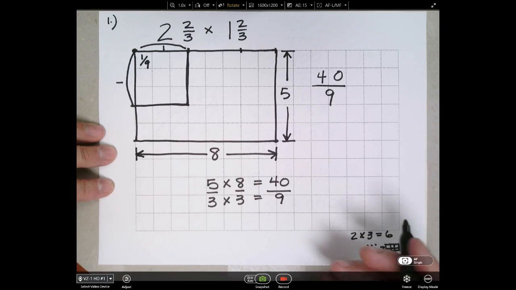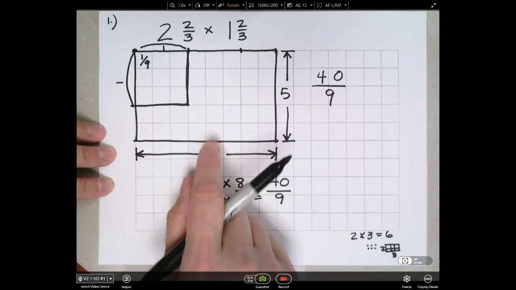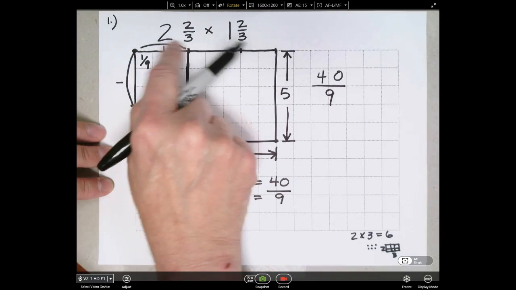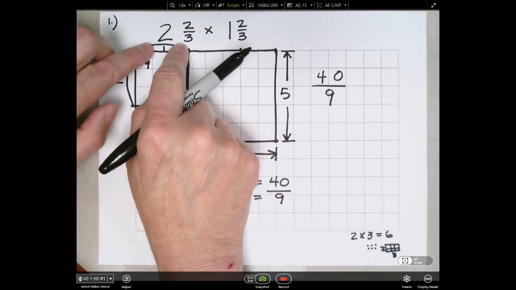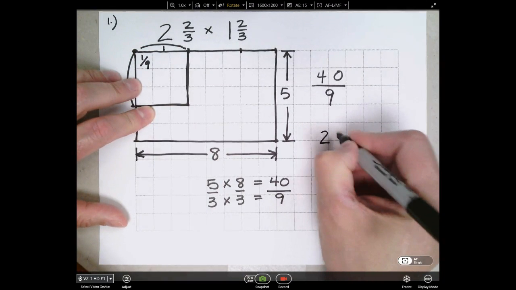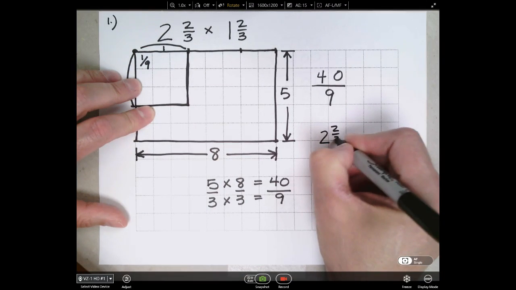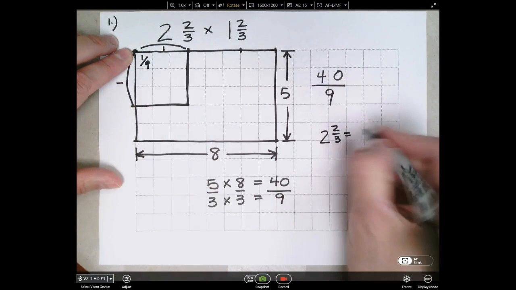Okay, well, one strategy that we can use to solve a multiplication of mixed numbers is to convert each of these numbers into improper fractions. So we're going to look at 2 and 2/3. Okay, 2 and 2/3 is equal to, there's 1, which is 3/3.